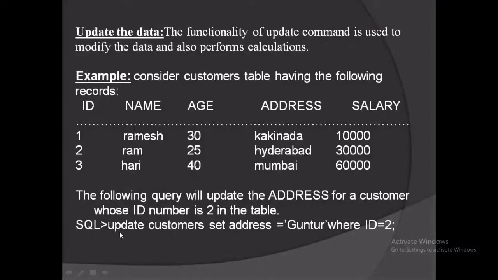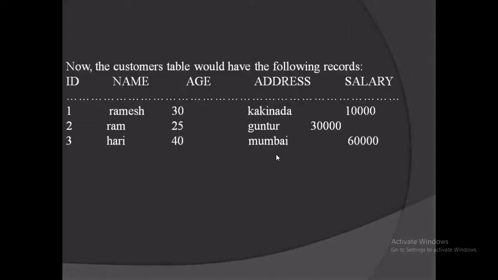I am updating: update customer set address equal to Guntur, where ID equal to 2. ID 2 address changed to Guntur. If you look at this result, ID number 2, address changed to Guntur. This is the final result. This is the update command.